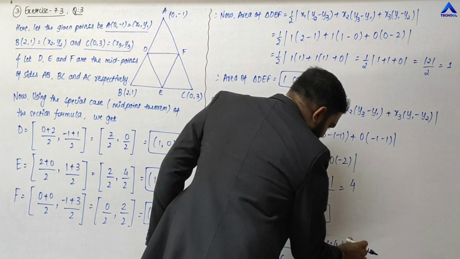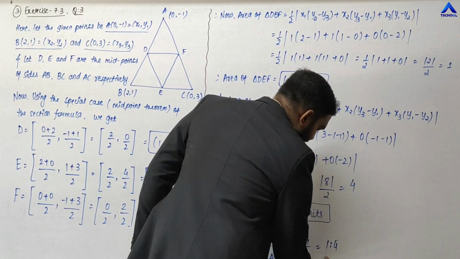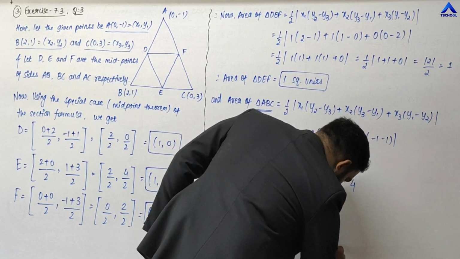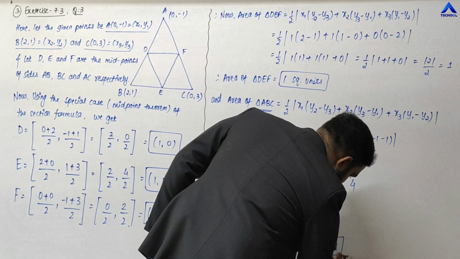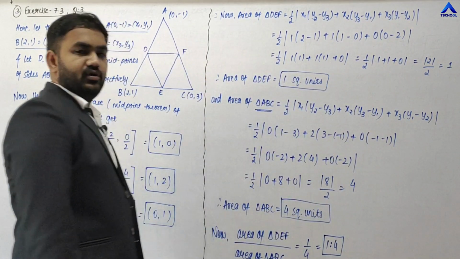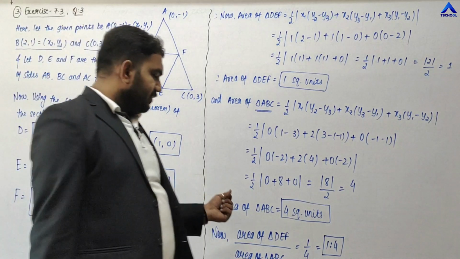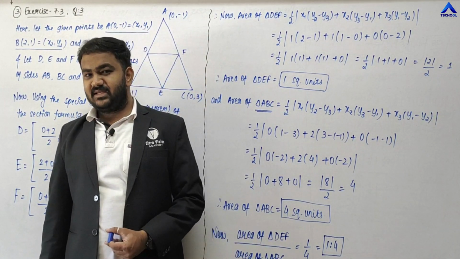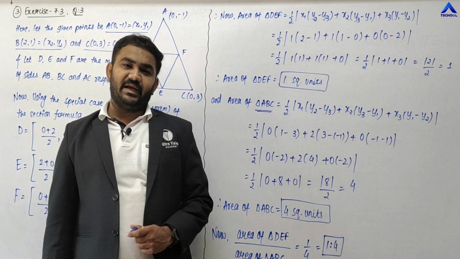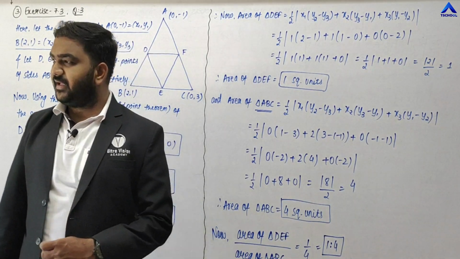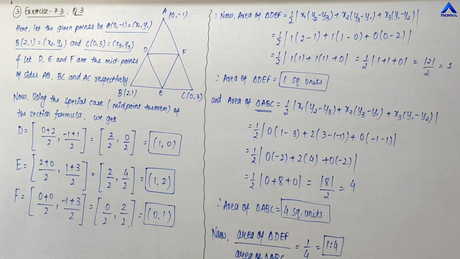That means the area of triangle DEF is to the area of triangle ABC equal to 1:4, right? That means the area of triangle ABC is 4 times that of triangle DEF. So that is the answer of the given question.